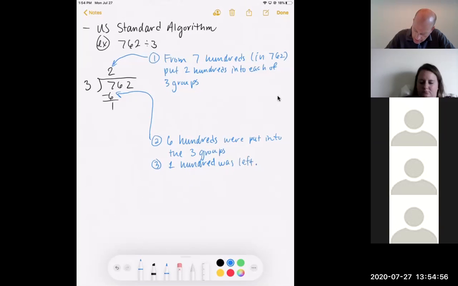Now what we're going to do with that is break up the 100 into 10 tens. And then we put them with the 6 tens.